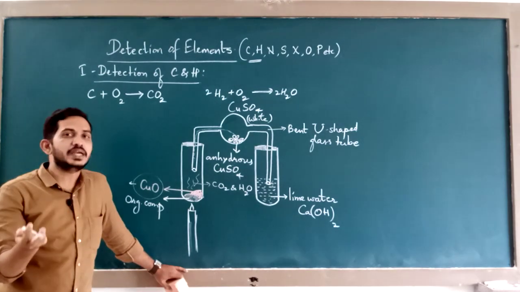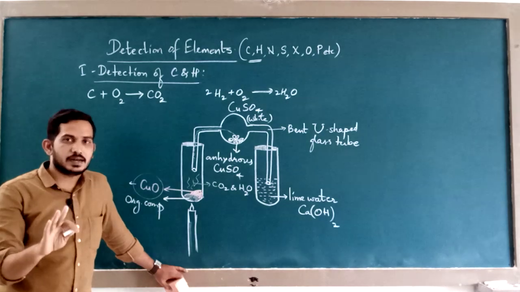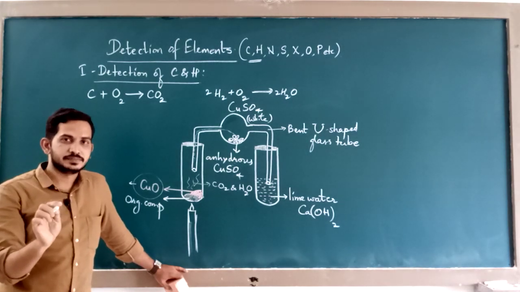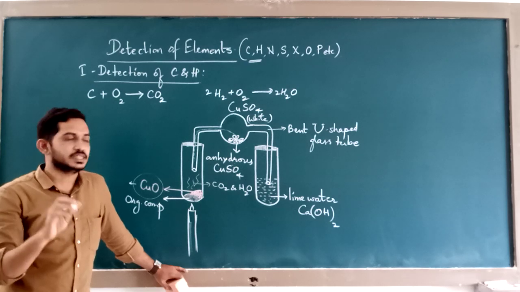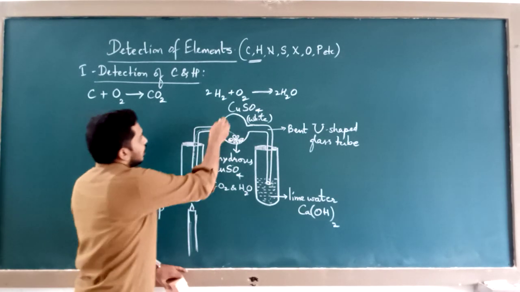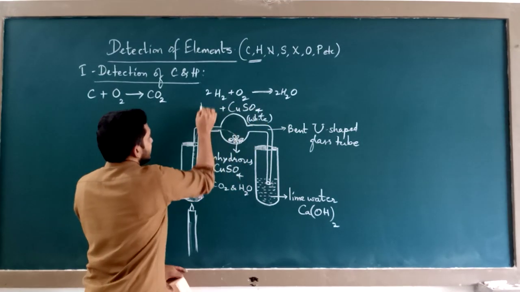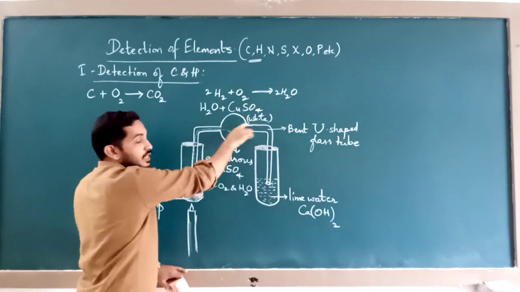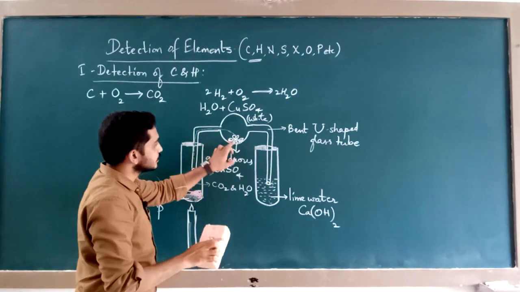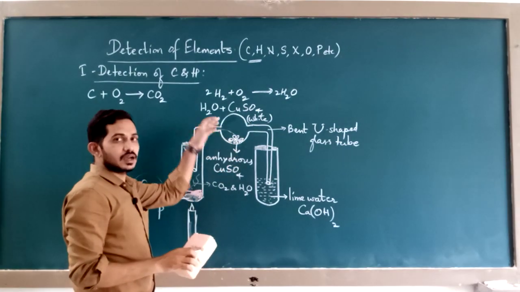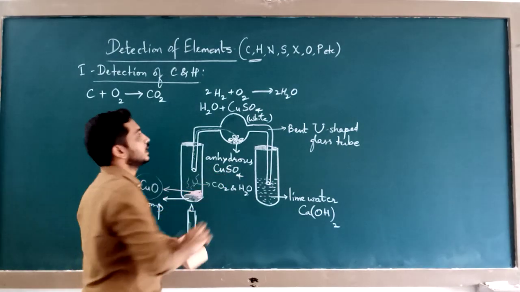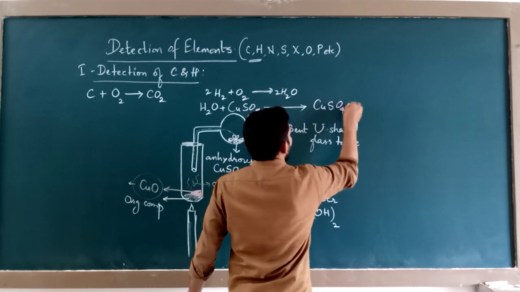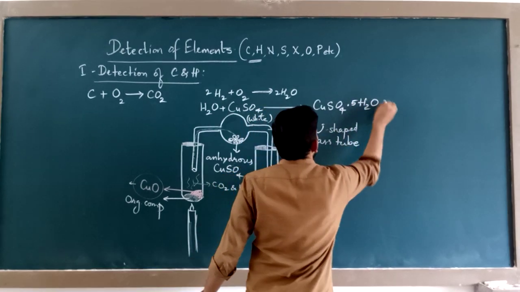Basically, you might say it is white, but it is colorless. According to chemists, white color is considered colorless with respect to solids. So water, if present, when it comes in contact with copper sulfate, which was initially white, gets trapped in copper sulfate, and then this copper sulfate will become copper sulfate pentahydrate.